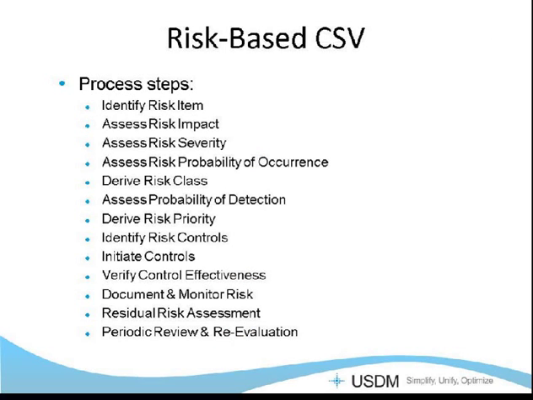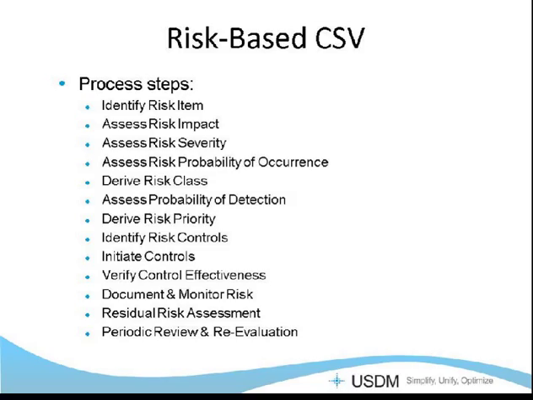I'm going to skip through some of these, but the process steps themselves are pretty simple. Identify the risk item, assess the impact, assess the severity, assess the probability the risk could even occur, assess how easy it would be to detect the risk if it does occur, and that gives you a risk priority: high, medium, or low.